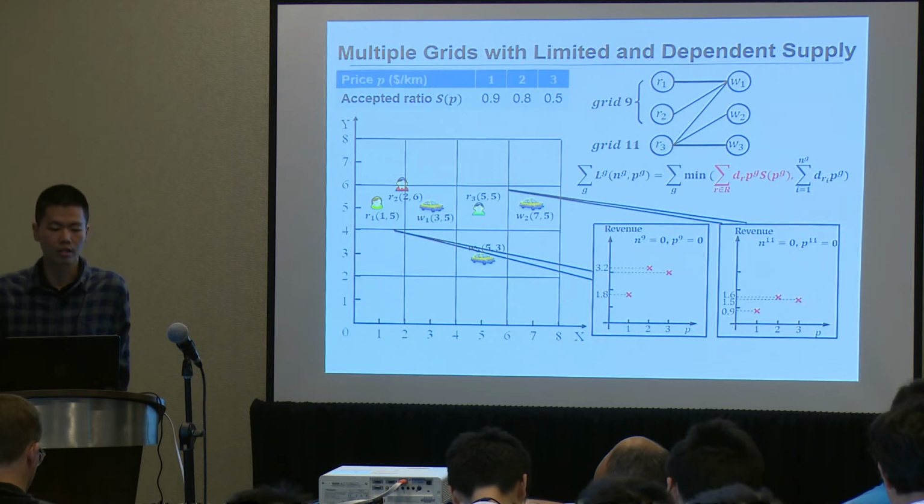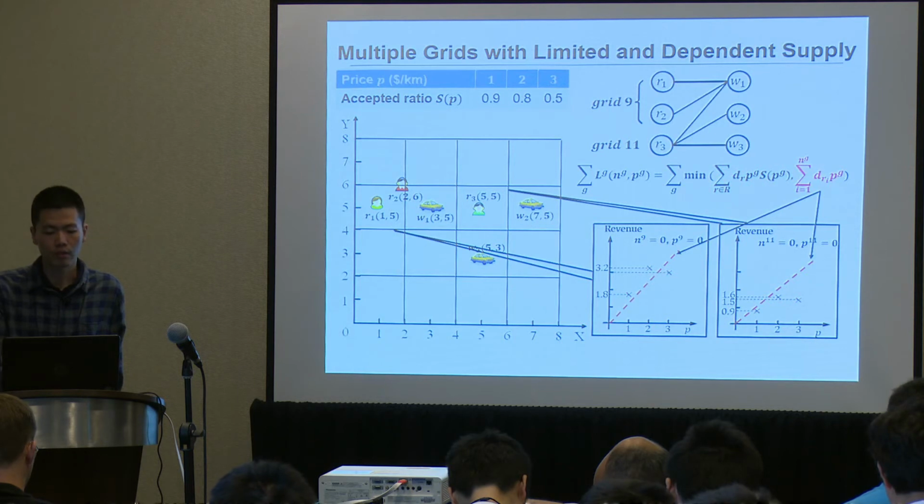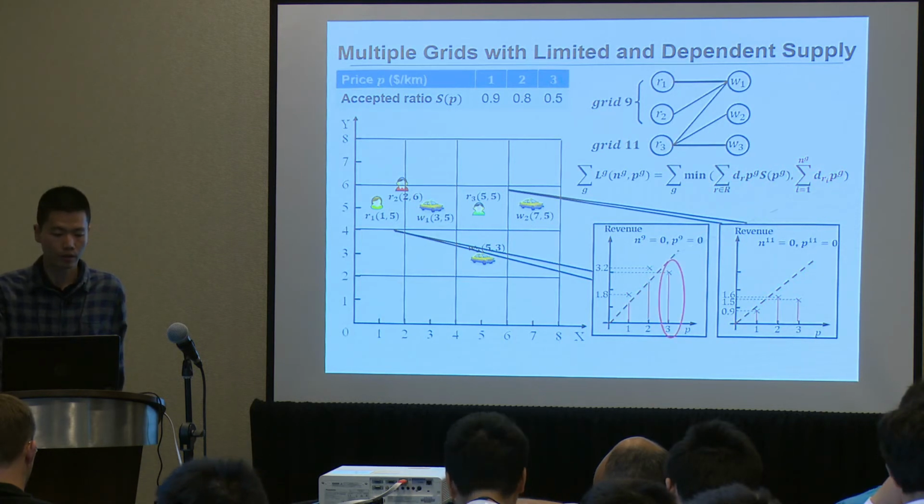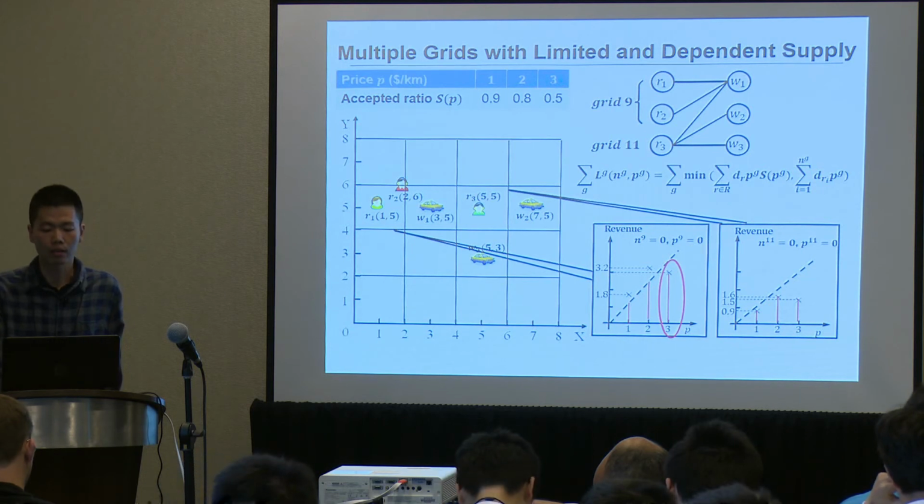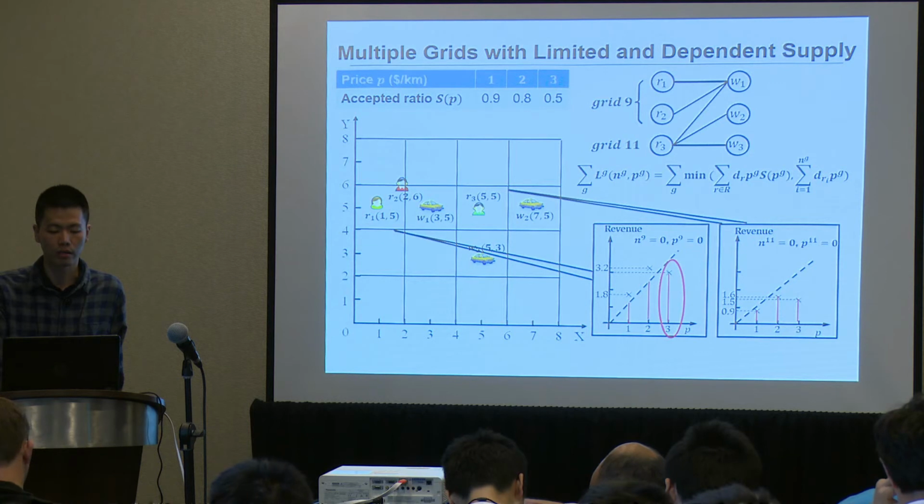We still use the previous example. At first, N_9 and N_11 are both 0, so they are only discretized curves represented by the crosses. If some N_g can be increased by 1, there will be a dashed line. Now we try to compare the increase between grids. We find grid 9 has a larger increase.